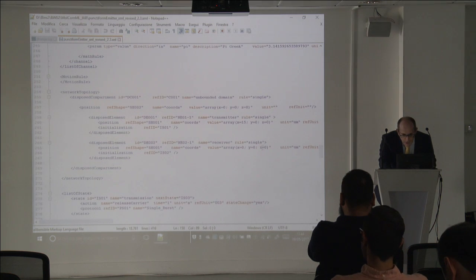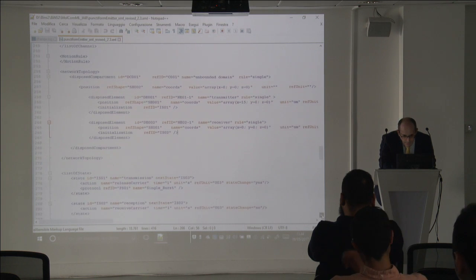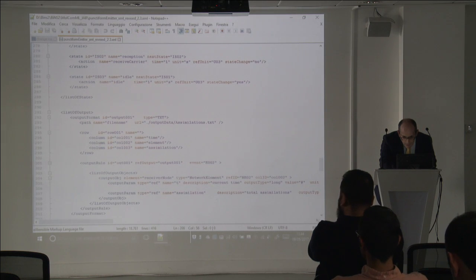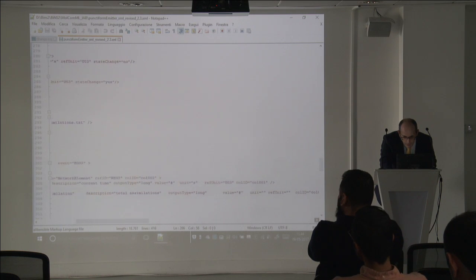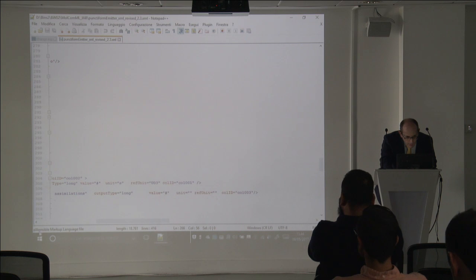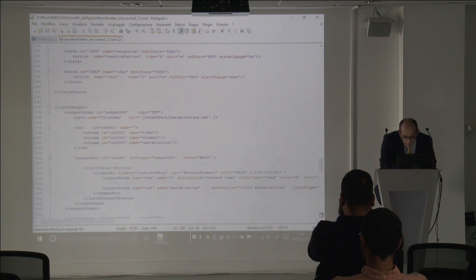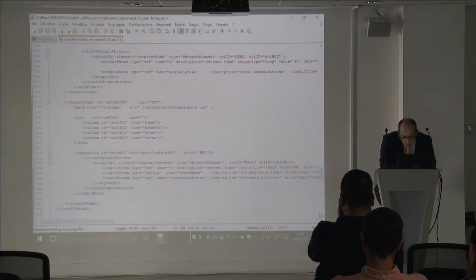Okay, we have the coordinates here of transmitter and receiver, and maybe we have it here. Let me check.